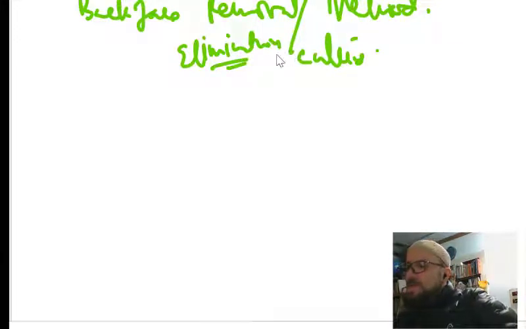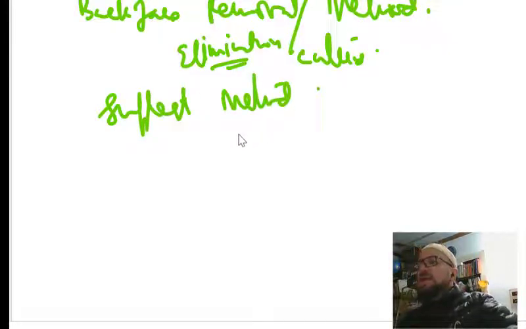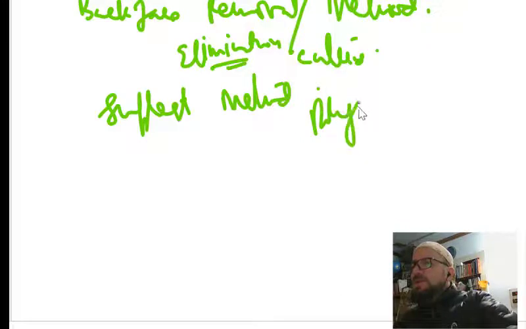The first thing is it's the simplest method, and it helps to remove a lot of hidden faces from the polygons. If we have polygons and we want to remove the hidden surfaces, this is really going to help us.